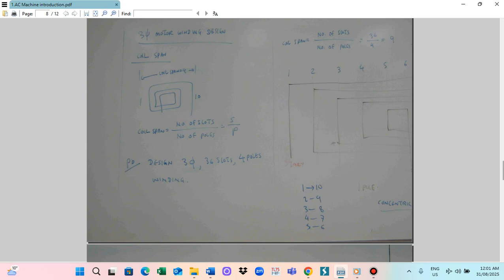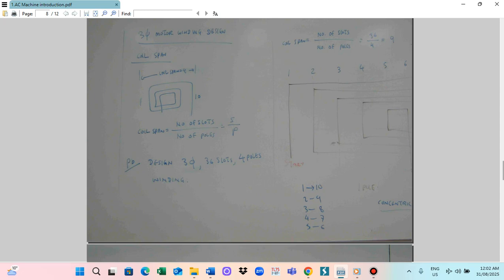A coil span of 9 means the slots go from 1 to 10. So 1 to 10 are the slot numbers.